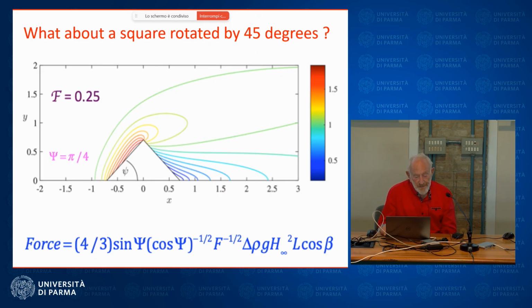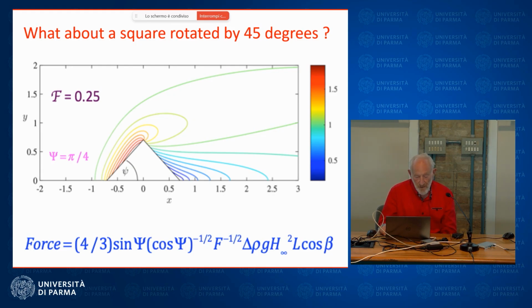Now, what about a differently oriented object? It's still a square, but it's been rotated by 45 degrees, and of course there's a symmetry, so it's really almost a triangle, but it's a triangle with the apex at right angles to the flow, and that looks quite different for this value of F.